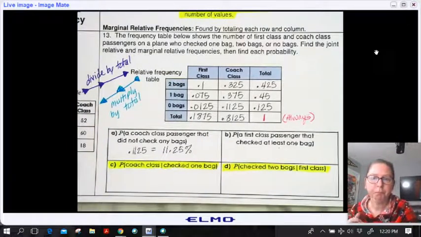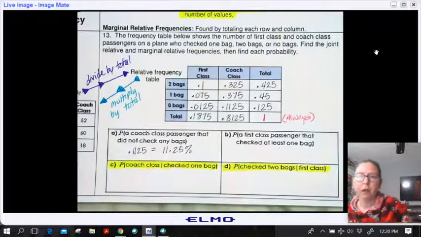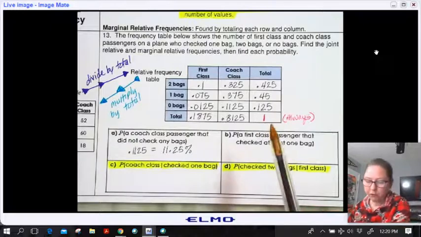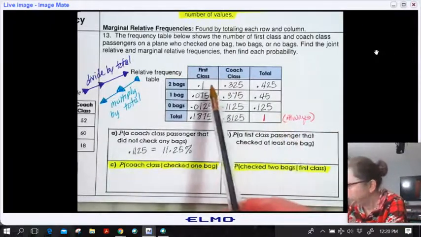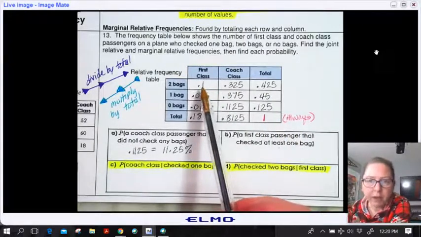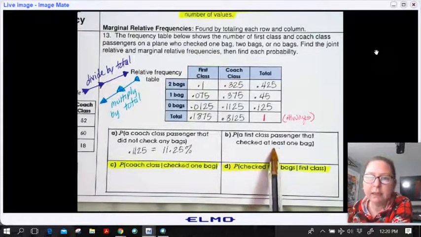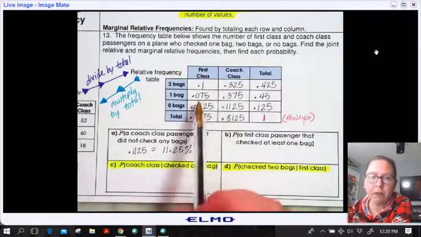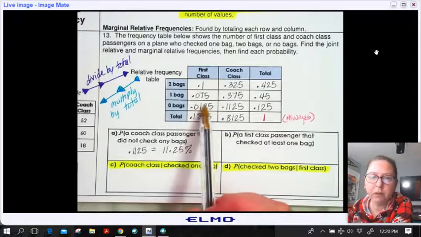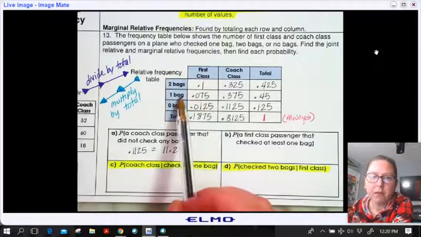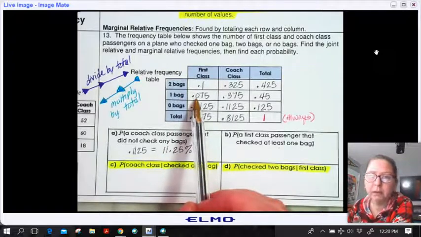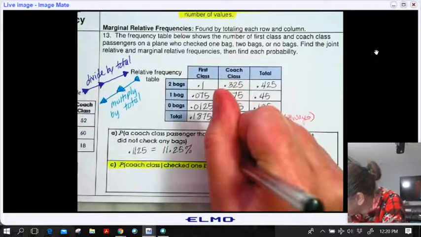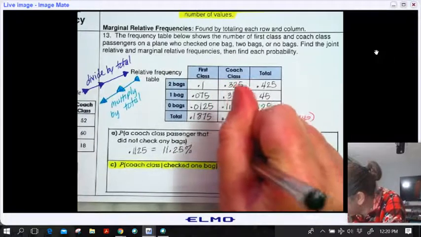What about B? Let's see. I am looking for a first class passenger this time that checked at least 1 bag. At least 1 bag. So I can't use 0. If it was 1 bag, it was 0.075.